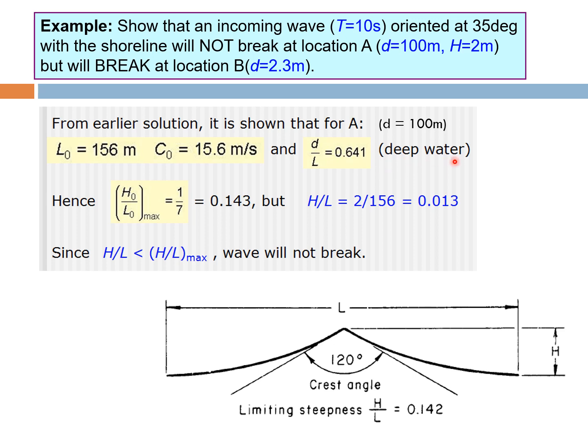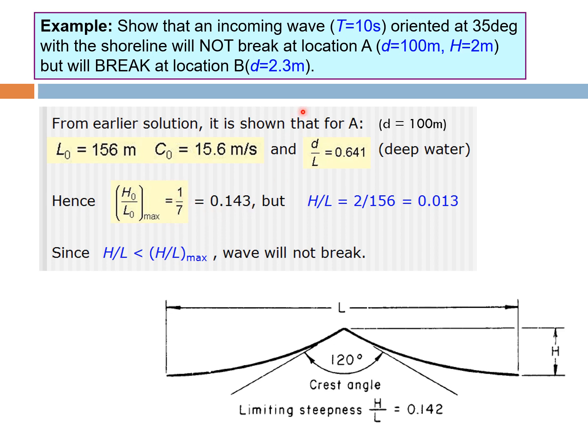So in order to check whether the wave will break at this deep water location or not, we check the H/L maximum, or the critical H/L, which of course is already known to be 1/7, that is 0.143.